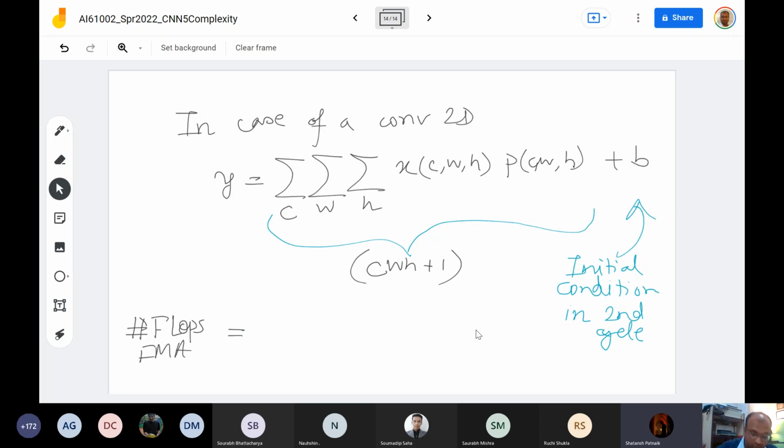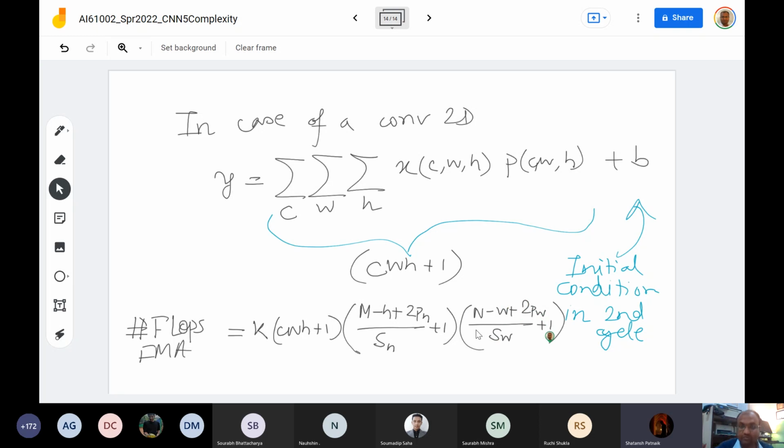Instead of being 2k CWH, now it is going to be k times CWH plus 1 times this m minus h plus 2ph by sh plus 1 times n minus w plus 2pw by sw plus 1. This is what it is going to come out to be.